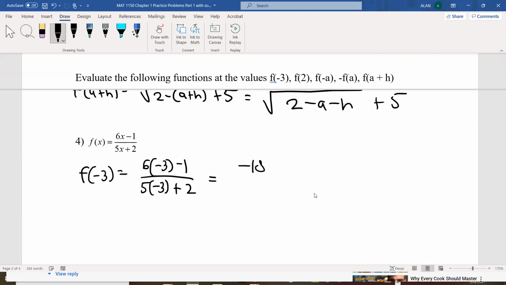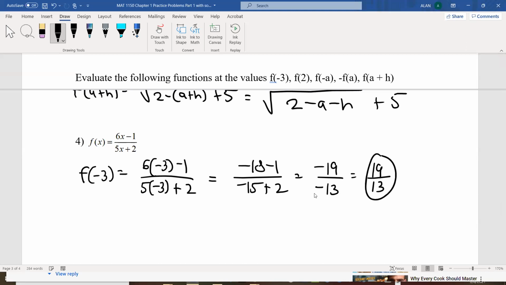This is -18 minus 1 over -15 plus 2. So -19 over -13, we can simplify that to +19/13. Okay, that wasn't so bad.